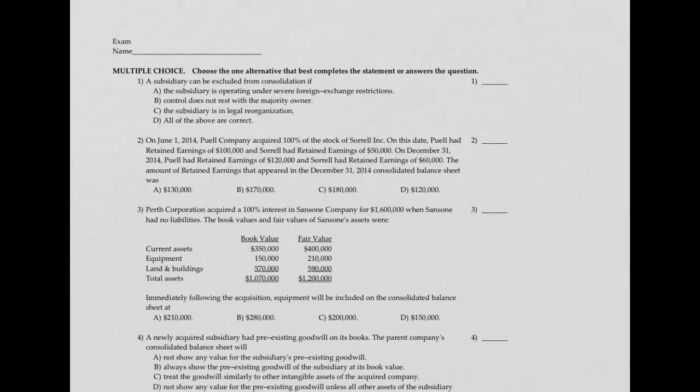The general rule was that the retained earnings at the end of the year for the parent, particularly when it's 100% owned, is the retained earnings shown on the consolidated. So it's the same number that Purell had, 120. 120 is answer D. Again, it's only when there's 100% ownership that the consolidated balance sheet retained earnings exactly equal the parent's, and only when the equity method is being used.